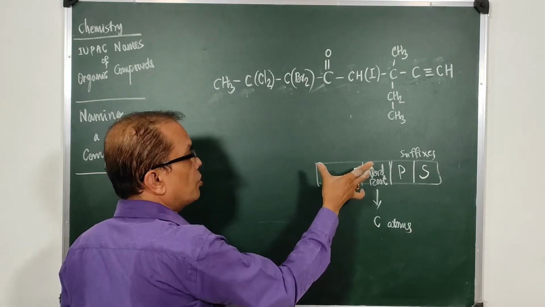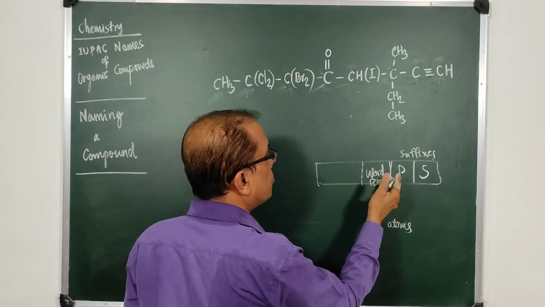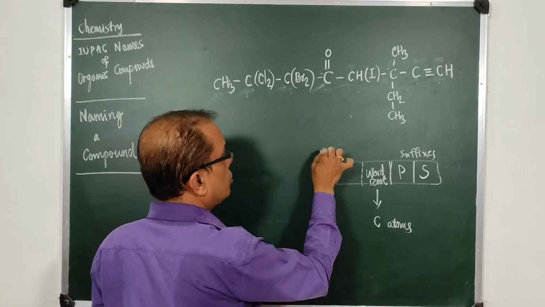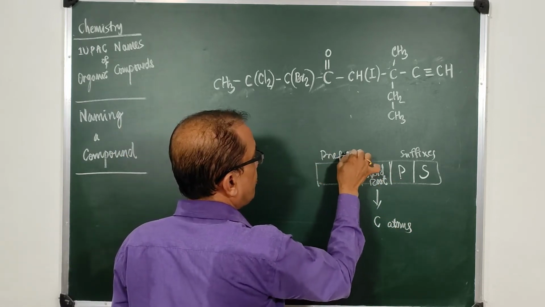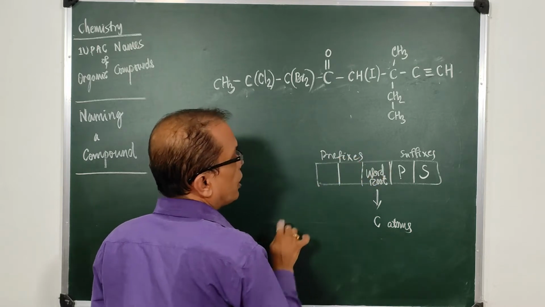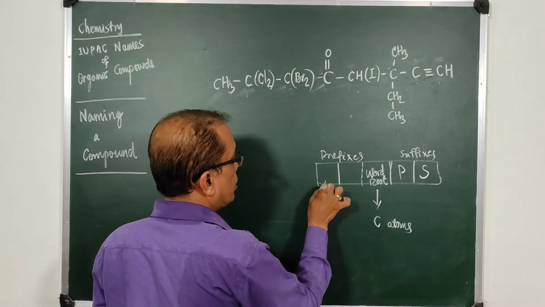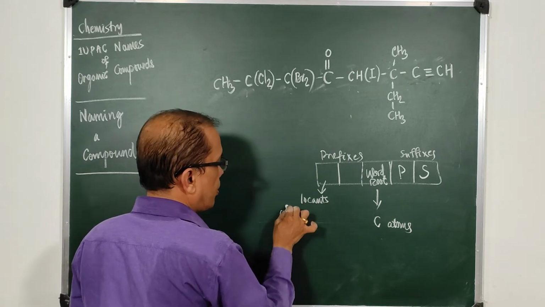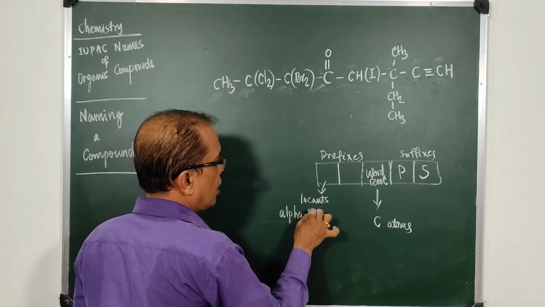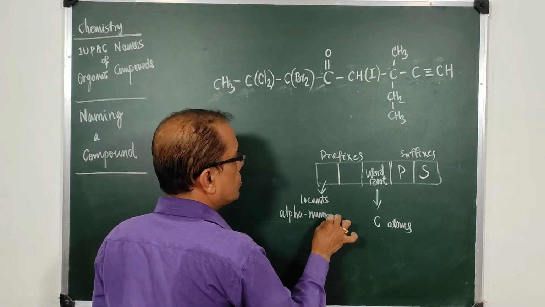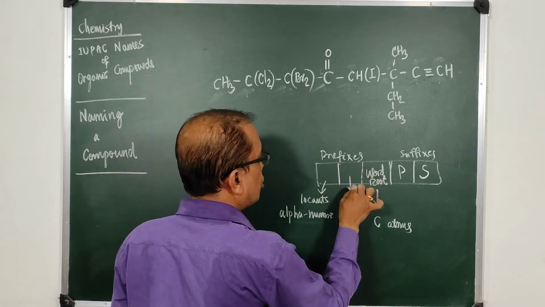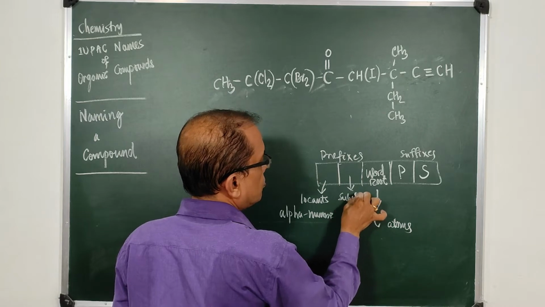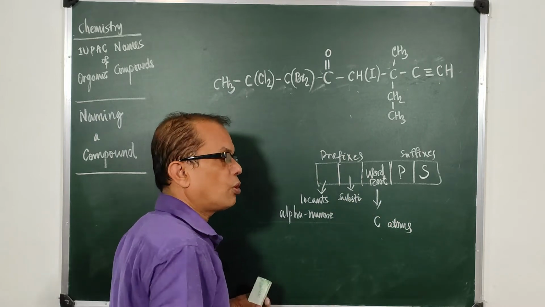Similarly, the part which is before the word root is known as the prefixes. Prefixes are also of two kinds. One part is about the locants, which are alphabetic and numerals, and the other part is the substituents like chloro, bromo, iodo.